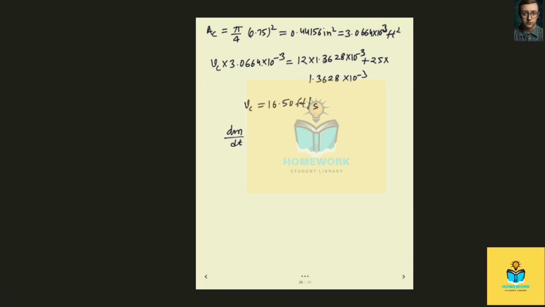According to the following equation, dm by dt equals rho, density of water, multiplied by Q. So the density of liquid, rho w, equals gamma w divided by g, and gamma w is given as 62.4 and g is 32.17, so this equals 1.93945.